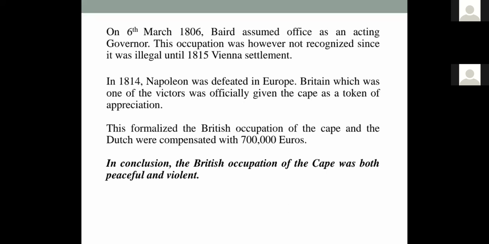It was signed on 9th June 1815. Although the Vienna Peace Settlement is an amalgamation of many other treaties, in particular this Treaty of Vienna was signed on 9th June 1815. In this agreement, the Cape was officially given to Britain. Is that answered? Yes, thank you, sir.